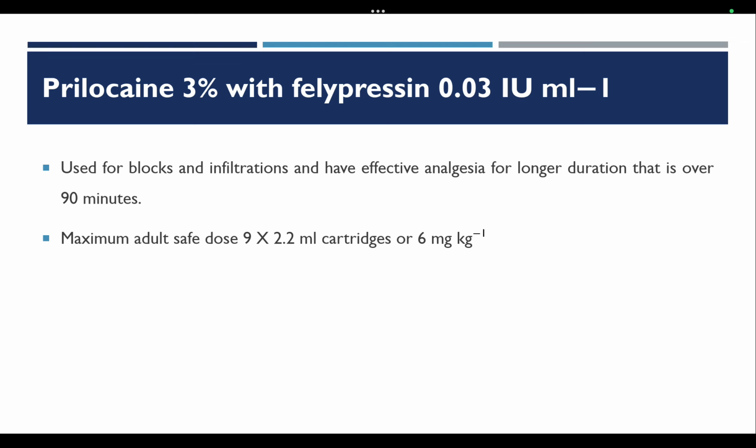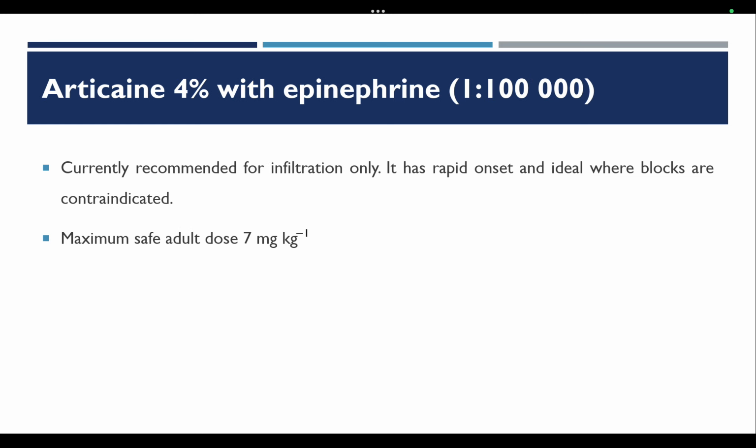So if you have multiple procedures or a long procedure, and you want to inject just a little concentration of anesthetic agent, you can use this type of local anesthesia. The maximum safe dose is 9 cartridges of 2.2 milliliter, or 6 milligram per kilogram.